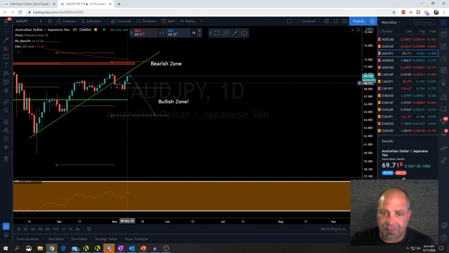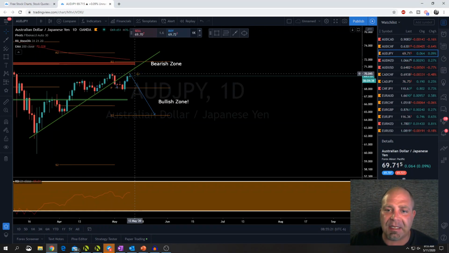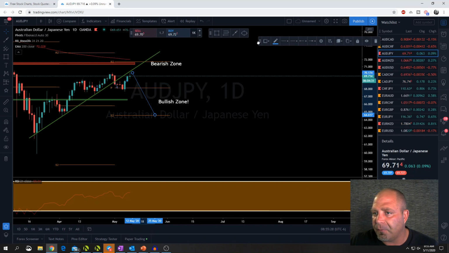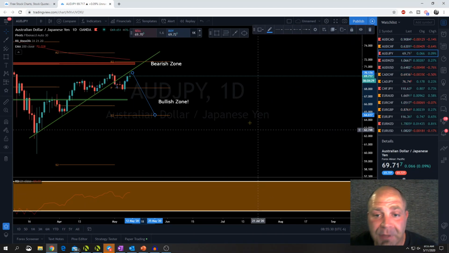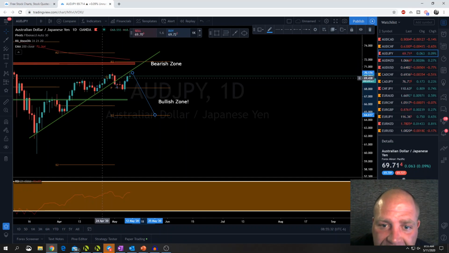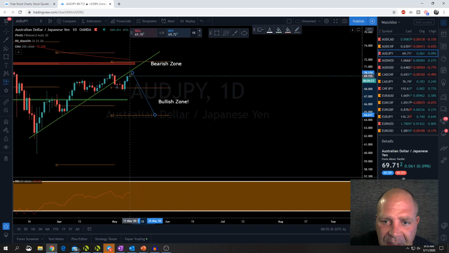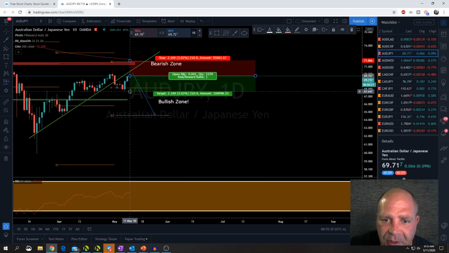There's a good trade. We're forming a pin bar daily candle. So this one, red, and we're in good shorting, and it's right at a double top.